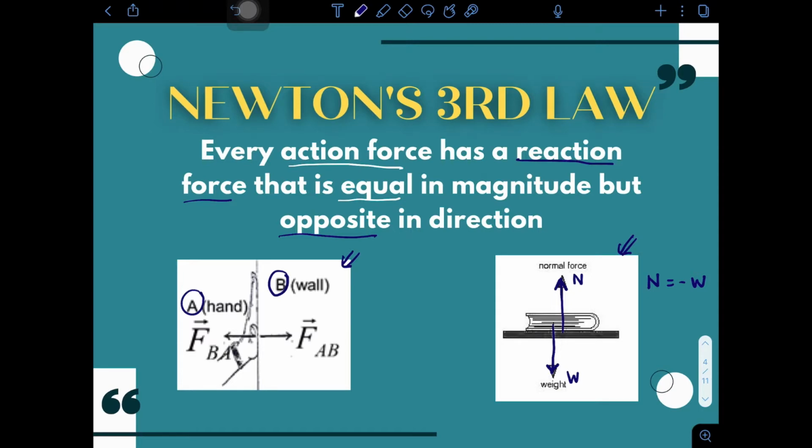If you press the wall with your hand, you give a pushing force, F on the wall, FAB. So the wall will push you in the opposite direction, from the wall to your hand. The magnitude of force AB is equal to the value of force BA, but the direction is opposite.